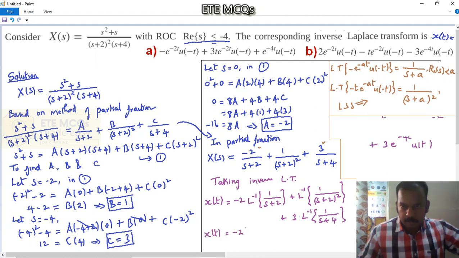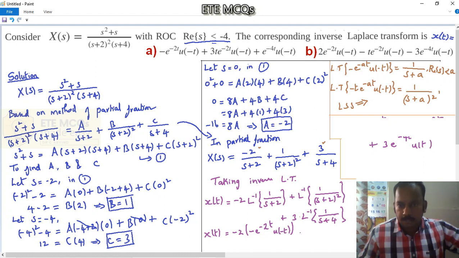Minus 2 into the inverse of 1 by s plus a is minus e power minus at u of minus t. Minus e power minus 2t into u of minus t.